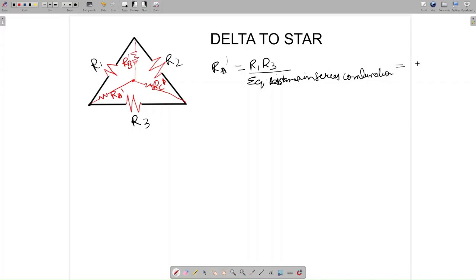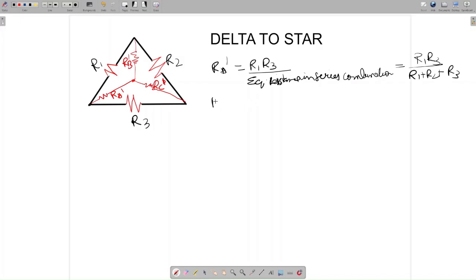So it will be equal to R1 R3 divided by the equivalent resistance in series combination, which is R1 plus R2 plus R3.